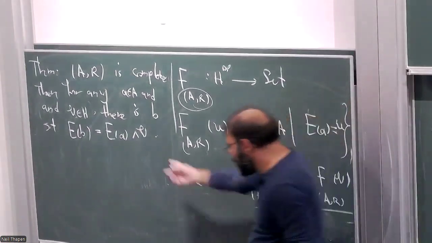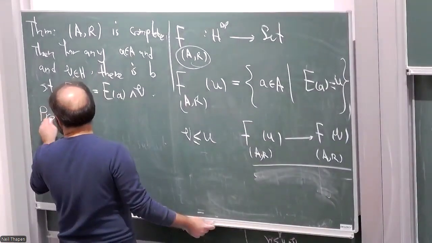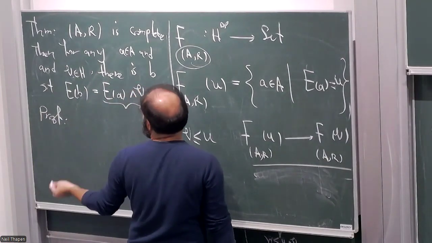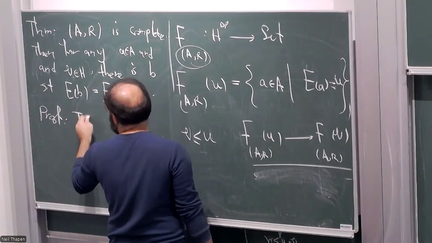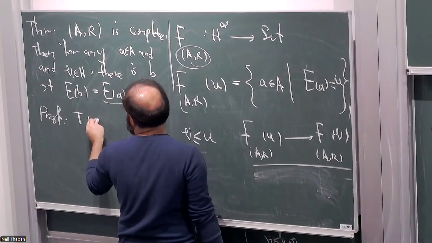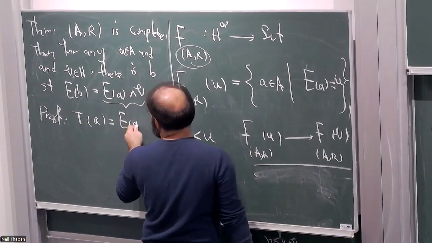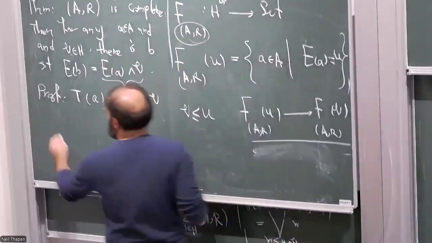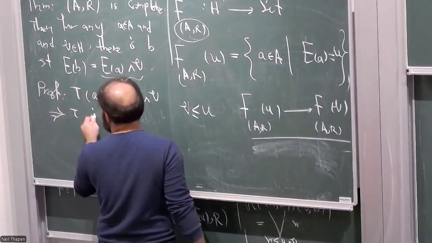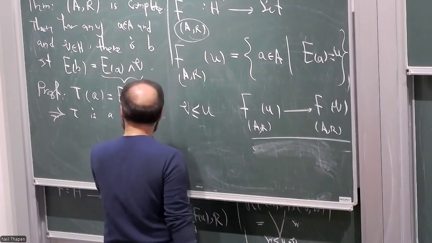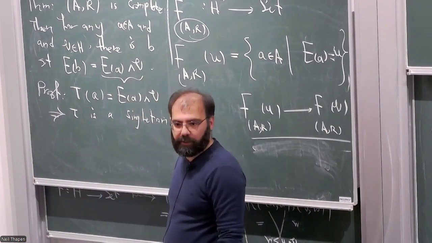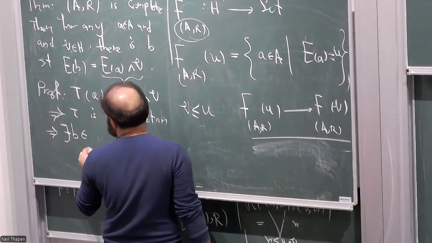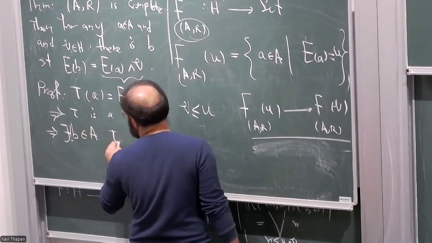Okay, so the proof of this is the following. You need this; it should be E of something, whatever. So define tau of any A as E of A and V. I can do that. Then it is easy to see that tau is a singleton. It has that property of a singleton. Therefore, there exists a unique B inside A such that it comes from that.